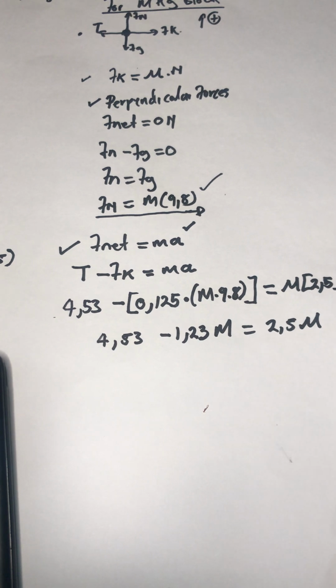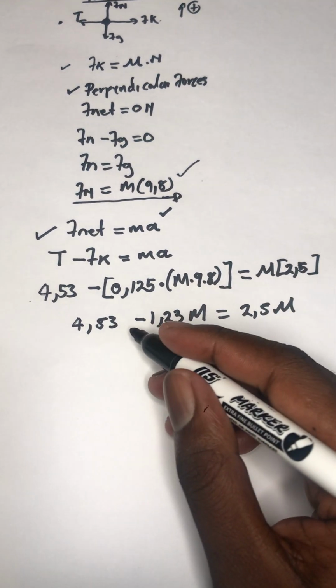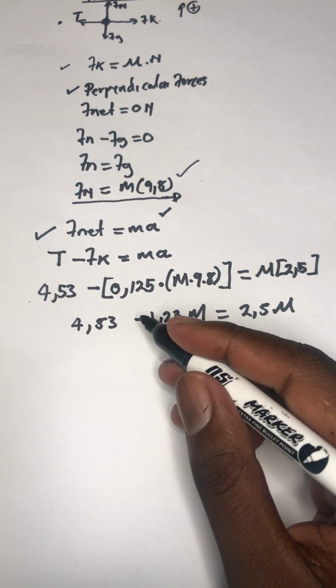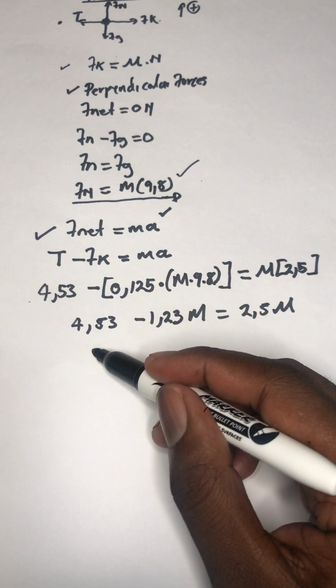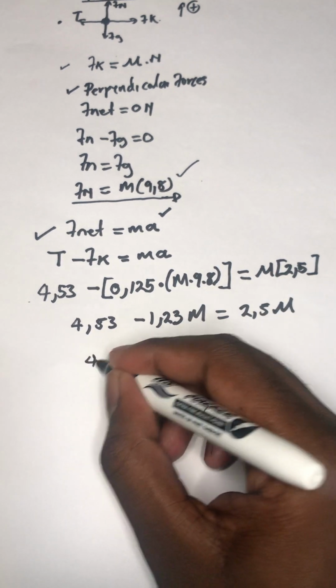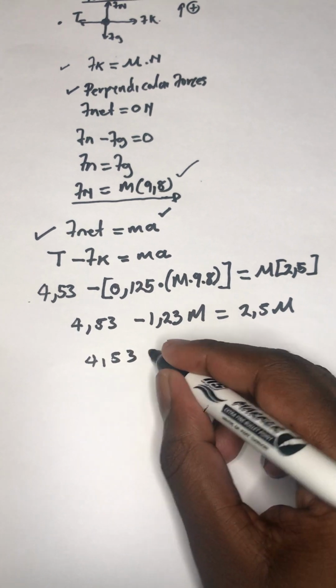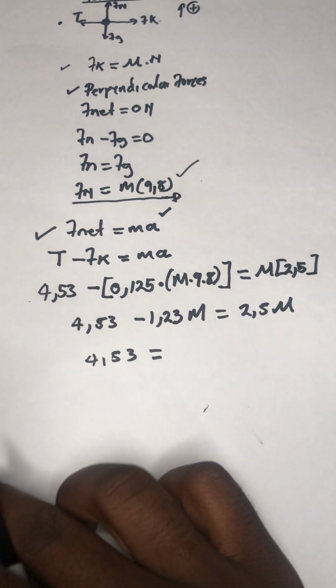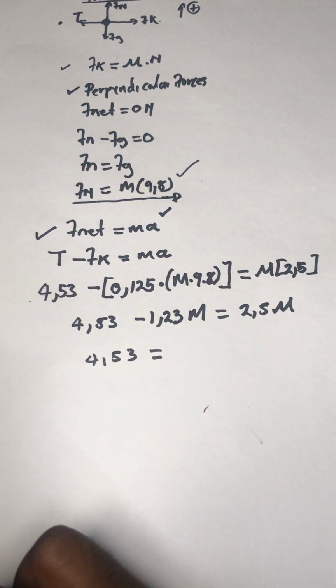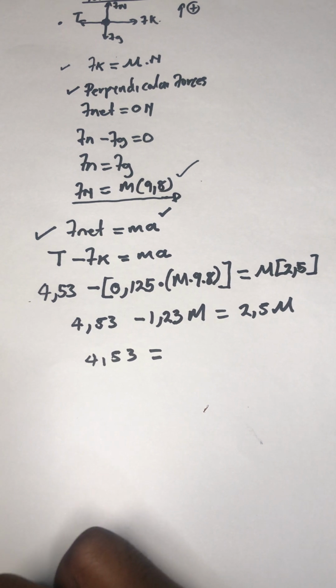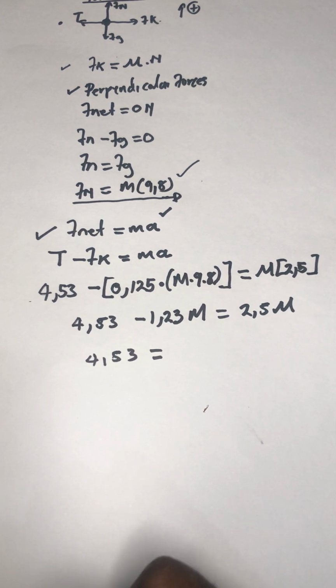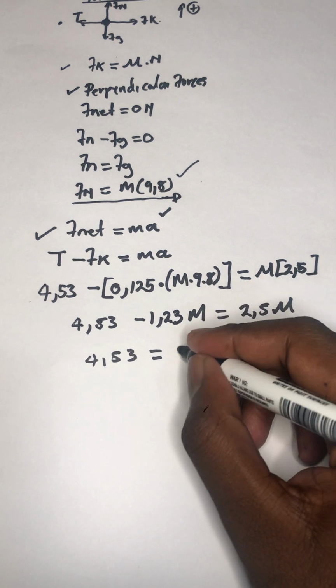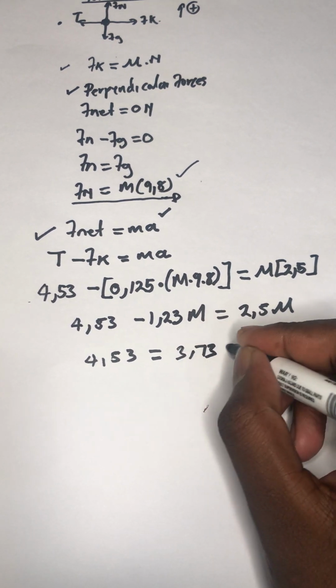Transpose this way: 1.23 plus 2.5 is 3.73 m.